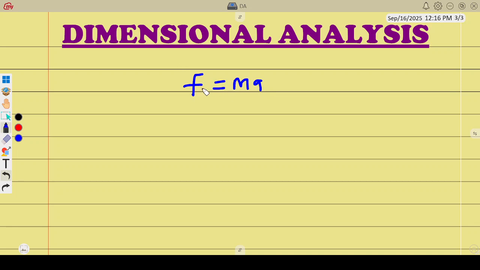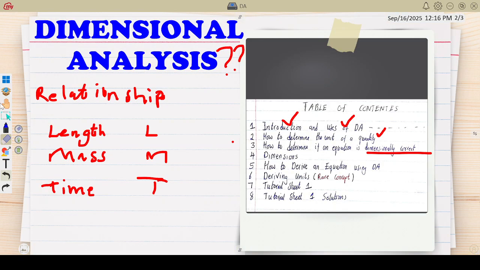If we want to determine whether this equation is dimensionally correct, we have to look at the units on the left hand side here, and also we have to consider what we have on the right hand side. Yeah, so we're going to do that in a bit. Yeah, just within a minute.